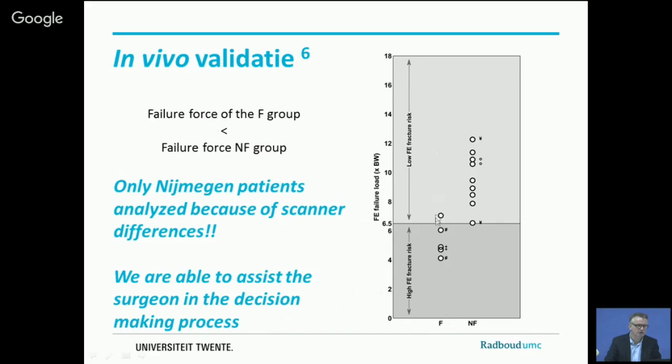So these are the failed patients, and it turns out that we could pick them out quite nicely because our calculations indicate that their bones are quite weak relative to the bones of patients that didn't sustain a fracture. So if we have a limit here at 6.5, we would have said you need to operate on these 4 cases. So this would be an unlucky patient with a fractured femur. But nowadays it's 80% uncertainty. So we can help really the surgeon to make a decision.